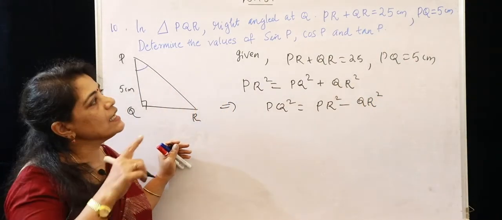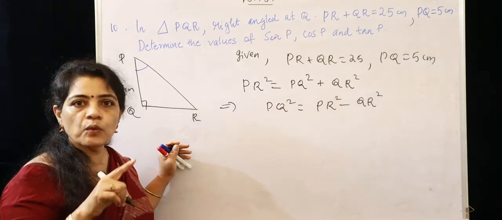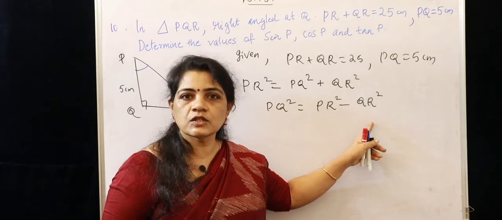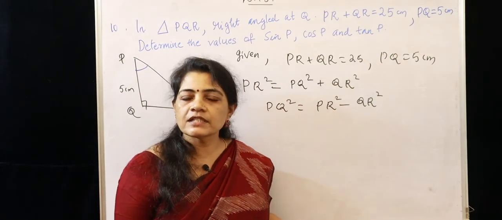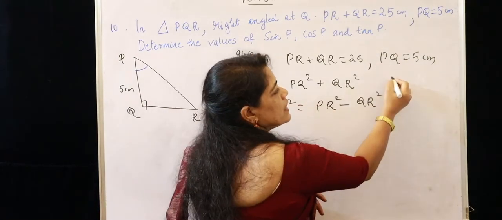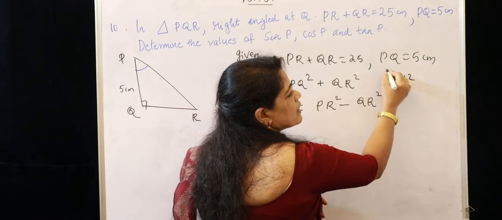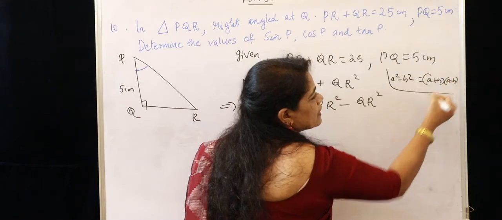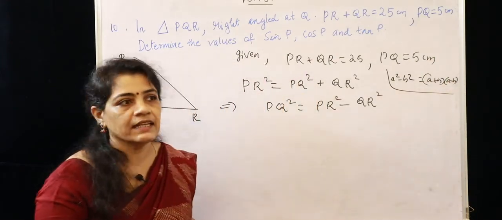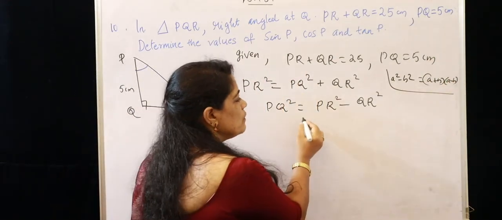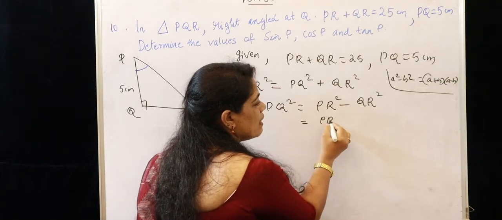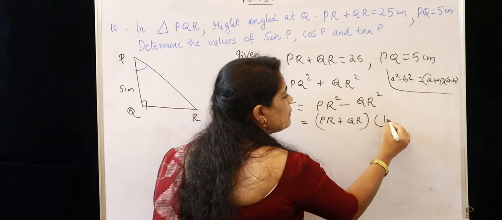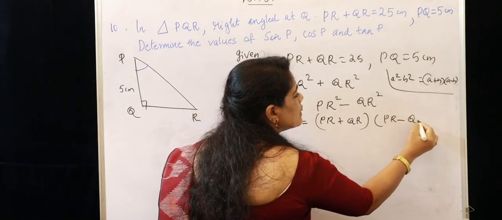What is given, children? Again PR plus QR equal to 25. See here, A square minus B square. What is the identity? A square minus B square is A plus B into A minus B. Because of that identity, this can be written as PR plus QR into PR minus QR.